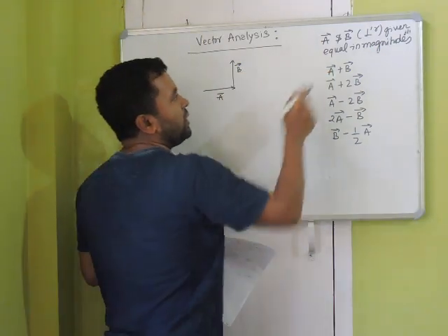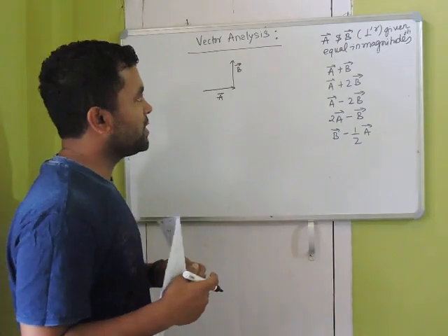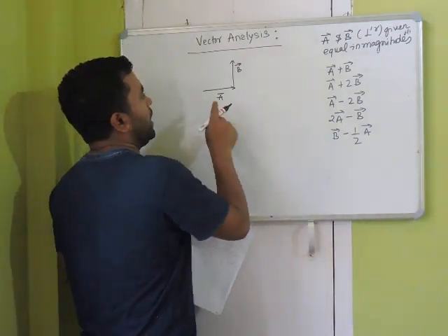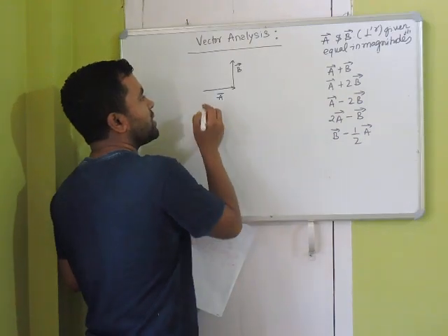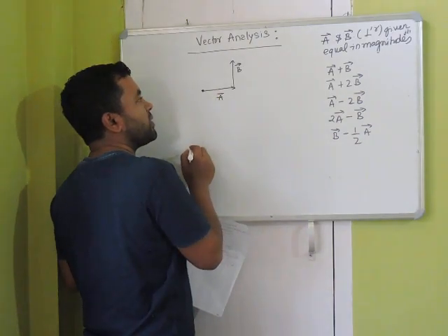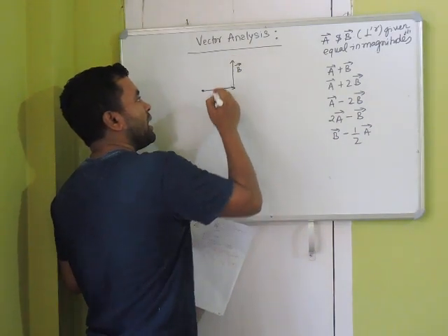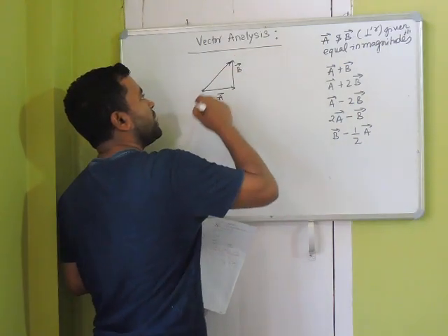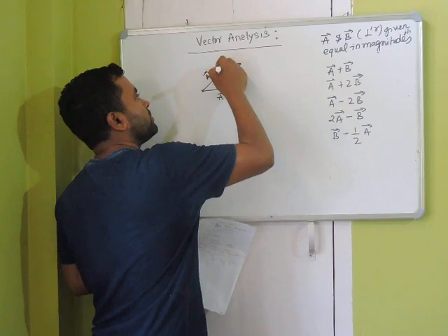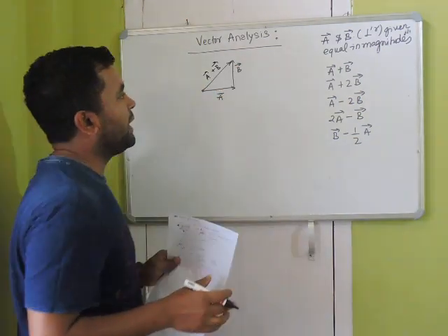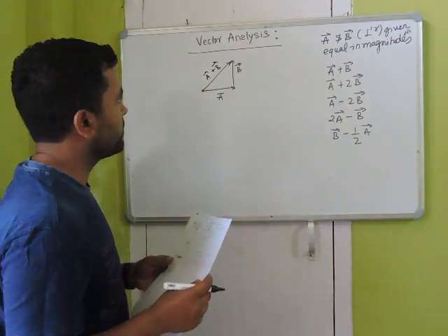Now A plus B, as you guys can imagine, if I can represent two vectors by adjacent sides of a triangle, then the resultant is drawn from the tail of the first vector to the head of the last vector. So this is going to be my resultant, and that will be A plus B. Now what about A plus 2B?